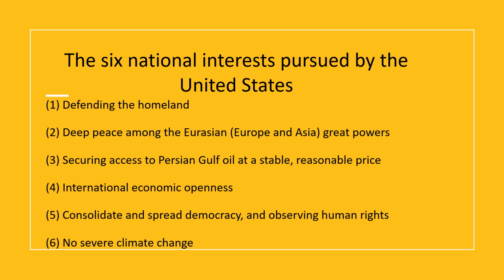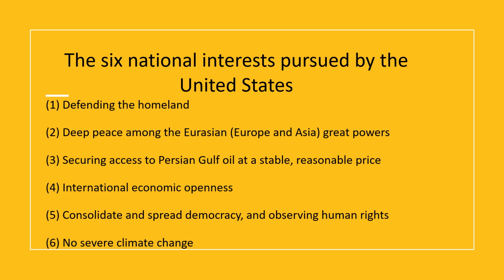Consolidate and spread democracy. Consolidate meaning the idea of bringing many countries together to be democratic countries and to spread democracy so that other countries see the value of democracy and focusing on observing human rights.